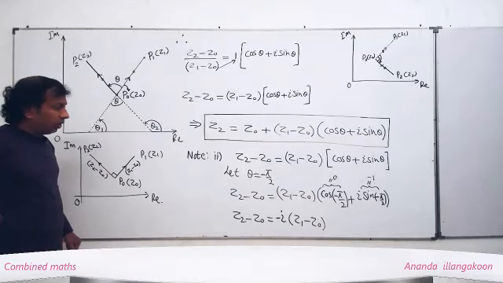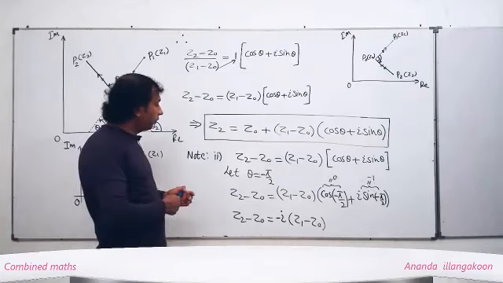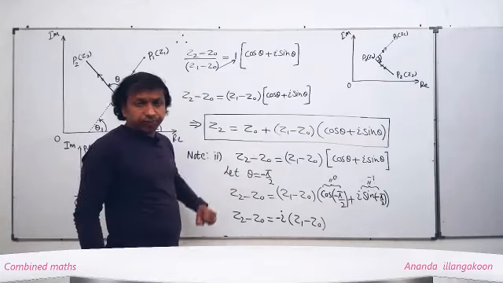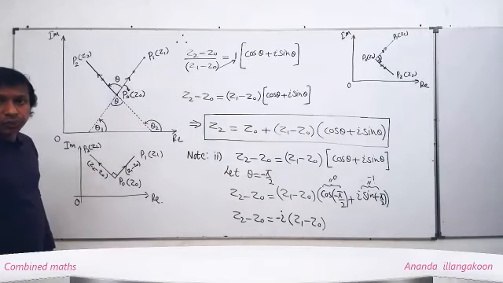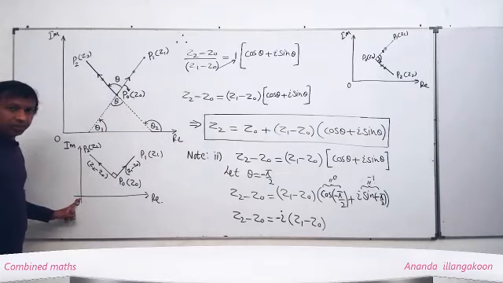People, now the third note is when this Z0 is 0. The complex number Z0 is 0. The zero complex number is at the origin, people.